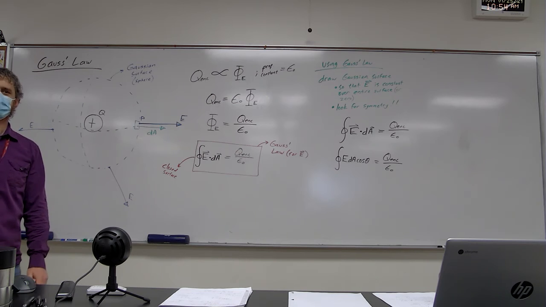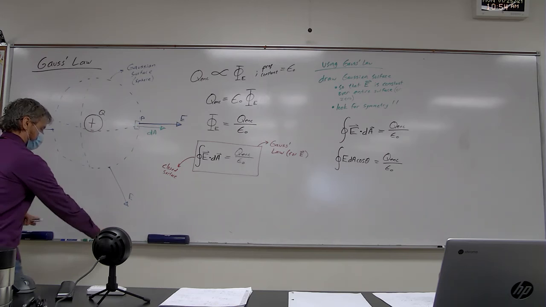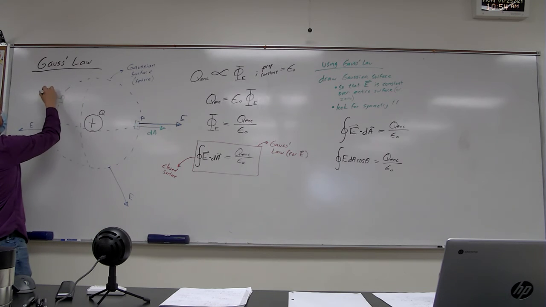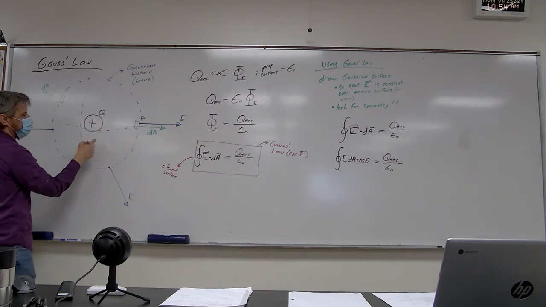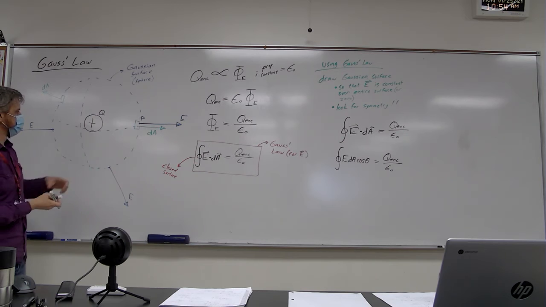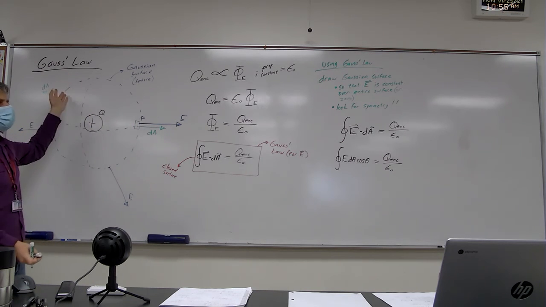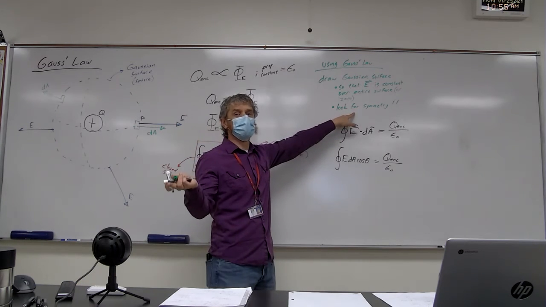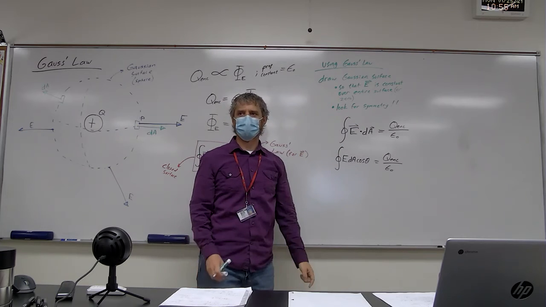Yeah. No matter what dA you draw, if I draw my dA here, it points this way. So does the electric field. If I draw my dA right here, so it's pointing towards you guys, so does the electric field. I've drawn my Gaussian surface so that there's symmetry when it comes to the electric fields and the area vectors, and so that the electric field is constant over the whole thing.